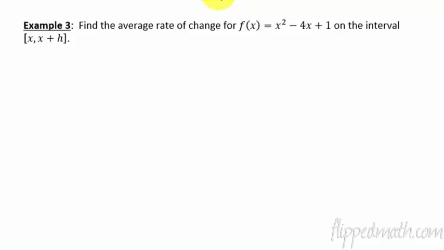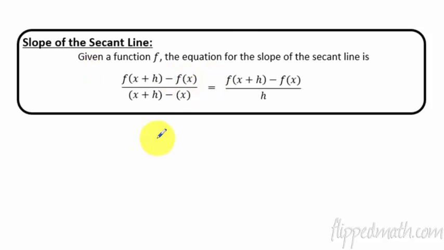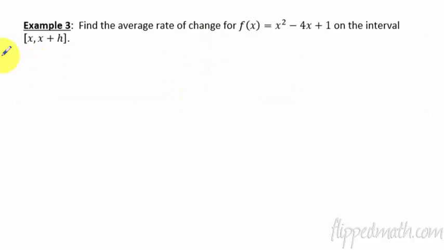This is what I'm talking about. In order to get this rate of change, I'm going to plug an x plus h into the function. Then I'm going to subtract just an x plugged into the function. Remember how we're going from this x value to this x plus h value?